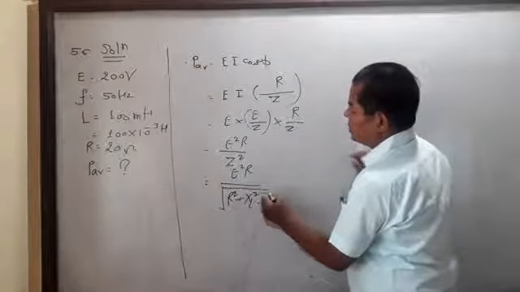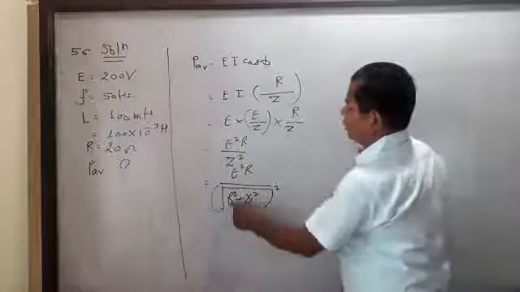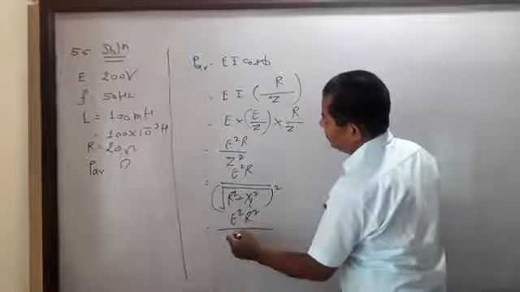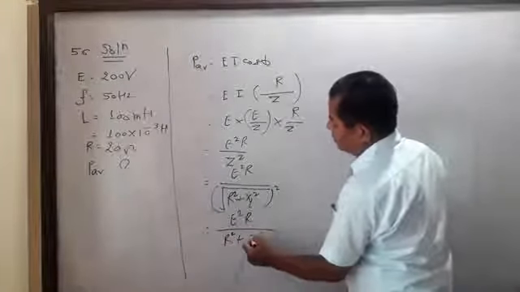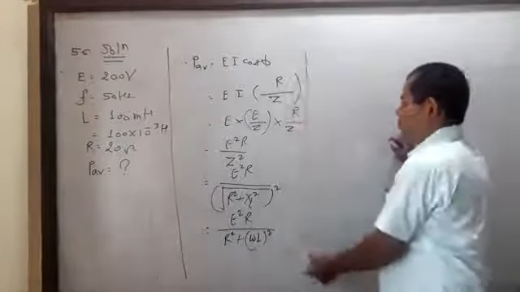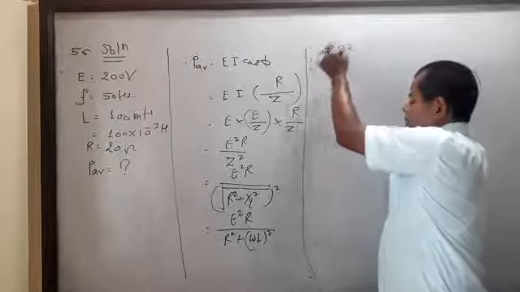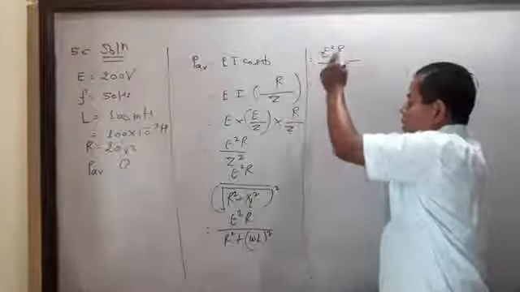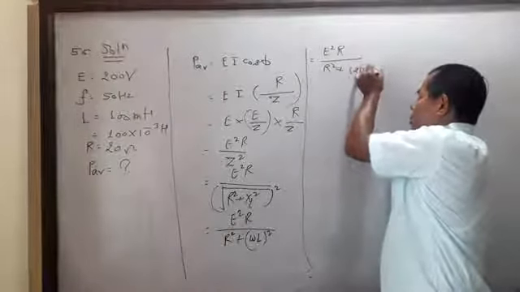Because it is Z square, the root is removed and we simply get E square into R divided by R square plus XL square, where XL is equal to omega into L. So PAV is equal to E square into R divided by R square plus, omega is 2 into pi into F into L, whole square.